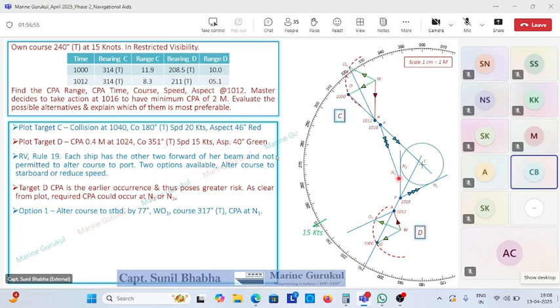So this indicates that this action of alteration of course to 317 degrees true will make the CPA of both the targets more than our required CPA of 2 nautical miles. So this is the first option which is available to us.